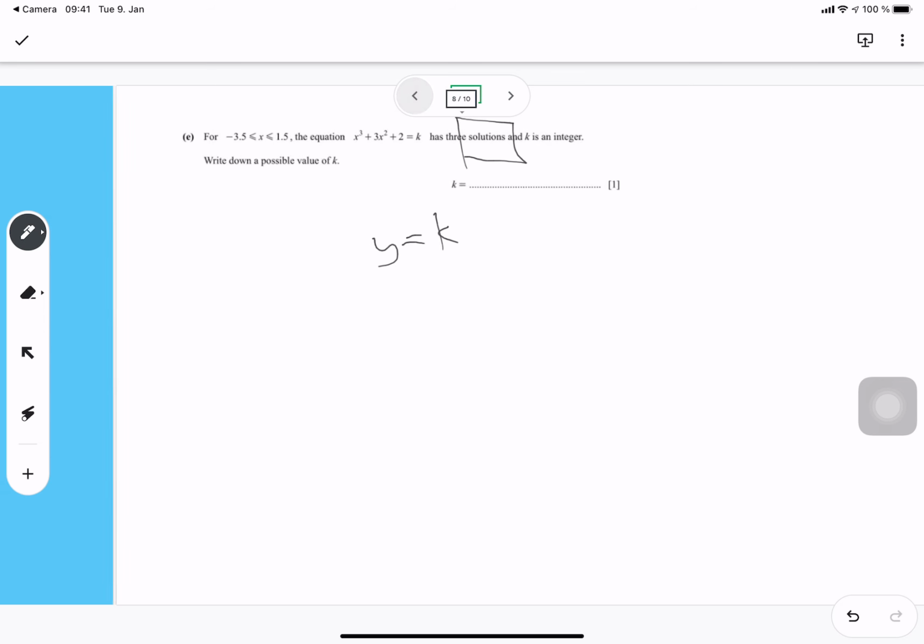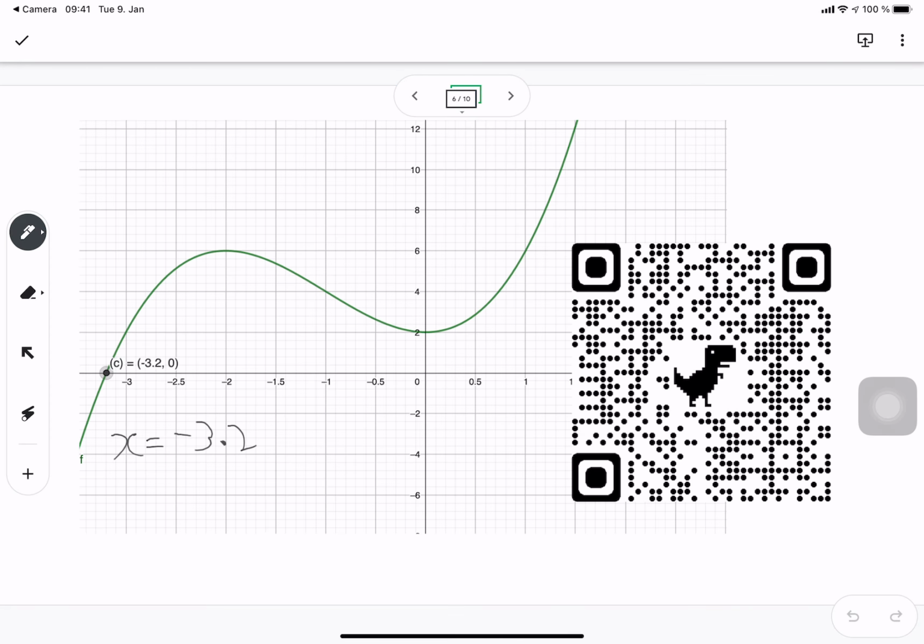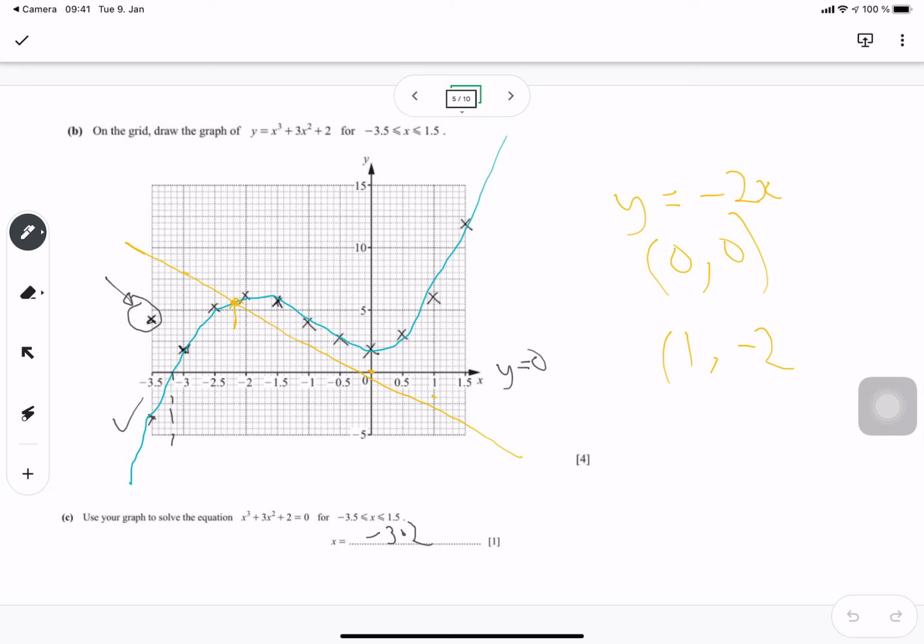In an exam, you've got your function here, and you would take a ruler and trace your ruler across until it intersects the curve 3 times. Now there would be an infinite amount of solutions, but we're told that k is an integer.